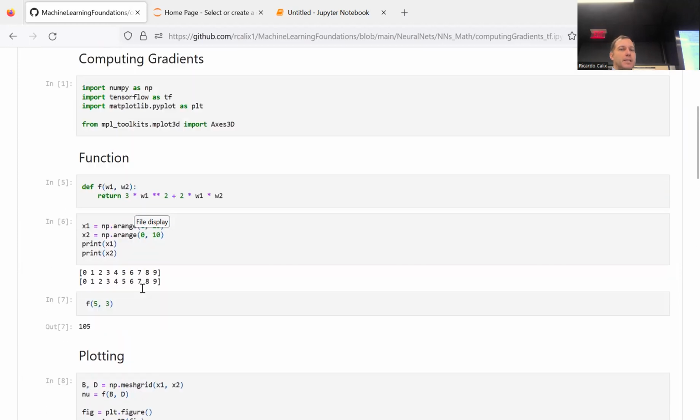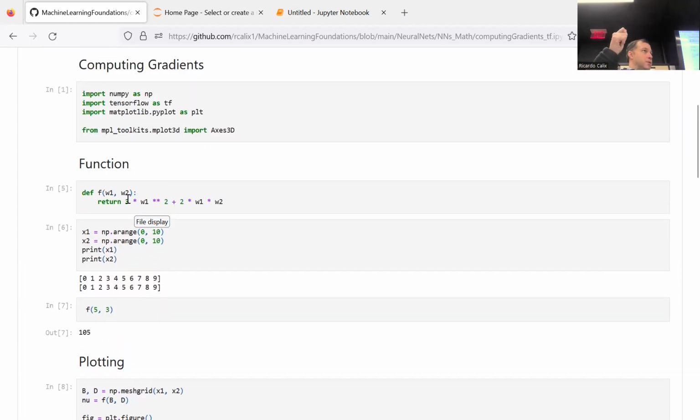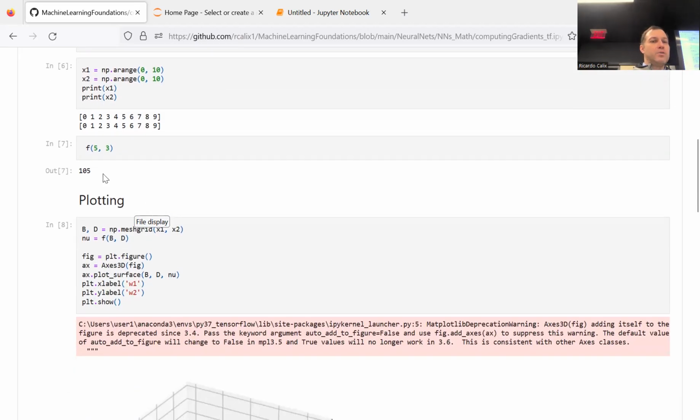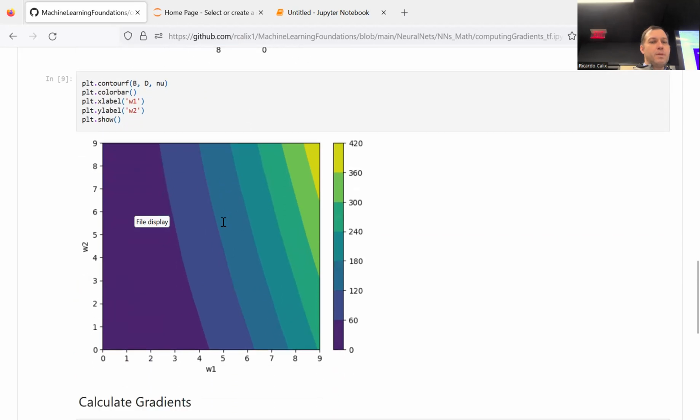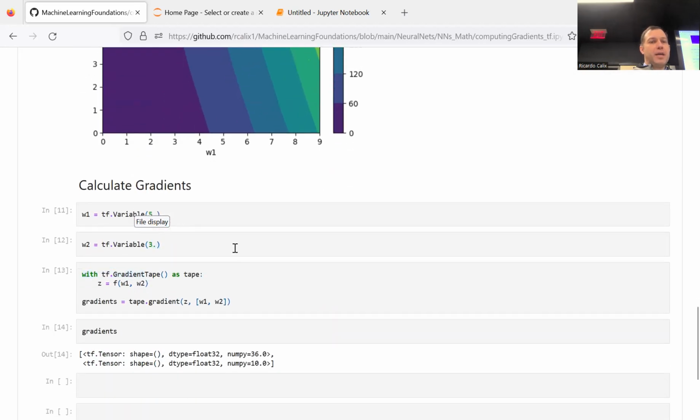Now, take this function as the original function, which is 3 times W1 to the square power times 3 plus 2 to the W1 times W2. Okay, that's the equation. That's the original one. Take the derivative of that, which is going to be the partial derivative in terms of W1 and W2. And then once you have that, you're going to plug in the values 5 and 3, and you should get 36 and 10.